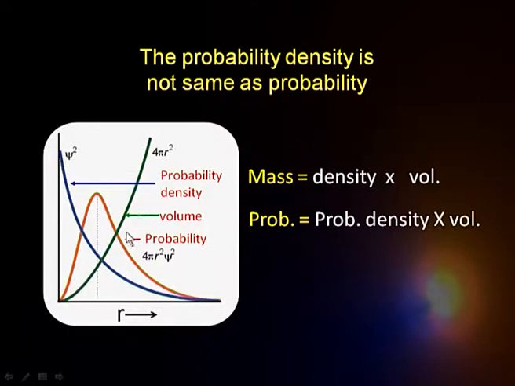The resultant of the two is such that the probability starts increasing, and at a certain distance it comes to a maximum, and then thereafter this factor overtakes this factor and the probability starts decreasing, and that is how it varies there. So, this is going to be my typical probability curve of finding the electron as a function of distance from the nucleus. Now, that is what I am looking for.